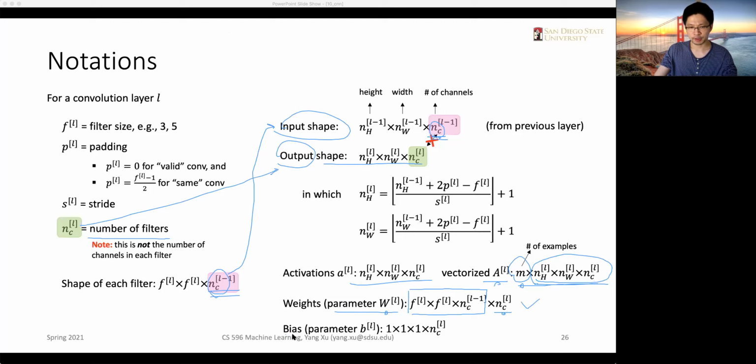If we want to consider bias, it will be 1 by 1 by 1 by NC^[L]. The 1 by 1 by 1 gives additional dimensions, so that this bias can be applied to each position of the convolutional outputs.